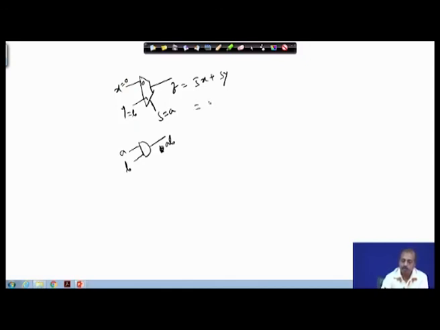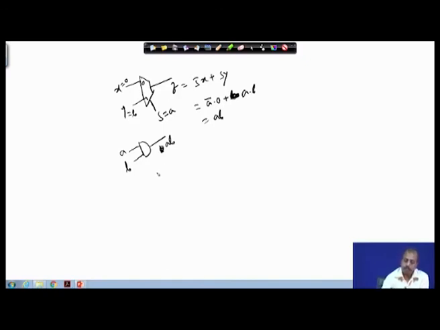S bar, that is A bar into 0 plus A into B. A bar into 0 is 0. So, you are getting A B. This way I can realize one AND gate using this 2:1 multiplexer.